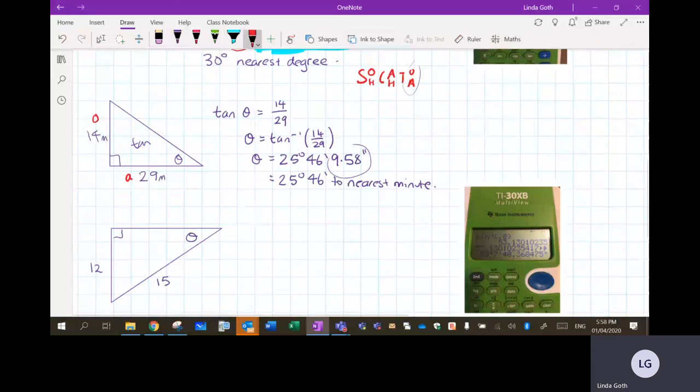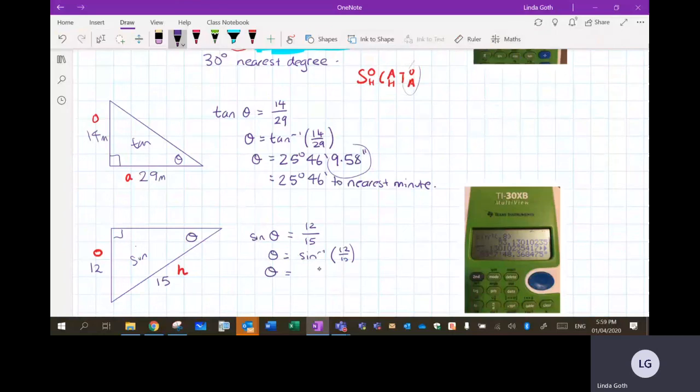So I decided that this one was a sine question because I was given the opposite side and the hypotenuse. So I said to myself, it's a sine question. So sine of theta is equal to the opposite, which was 12, over the hypotenuse, it was 15. So theta equals sine to the minus 1, 12 over 15. The calculator didn't come straight up with the answer.